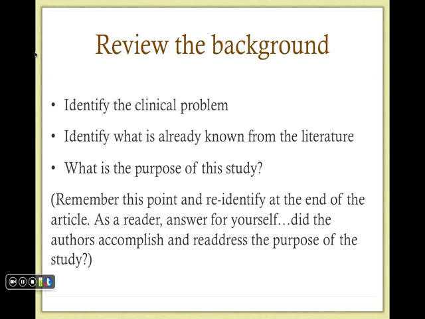In the first paragraph on page 239, it talks about African American women are more likely to die from breast cancer than other demographics. So right there we know that there's a population that is maybe at higher risk for poor outcomes. So again, you want to read the article background and identify a few key features.